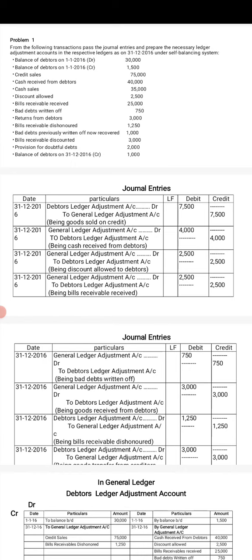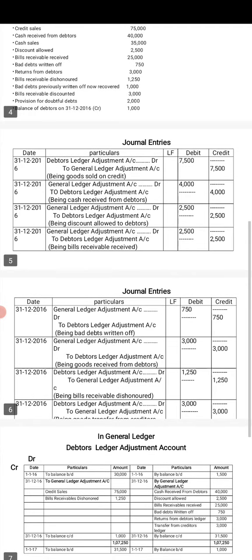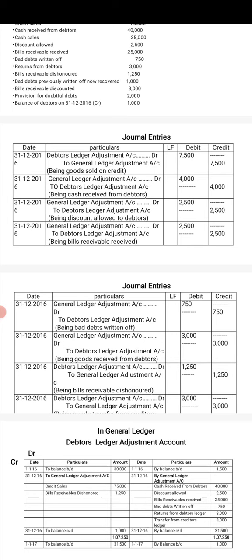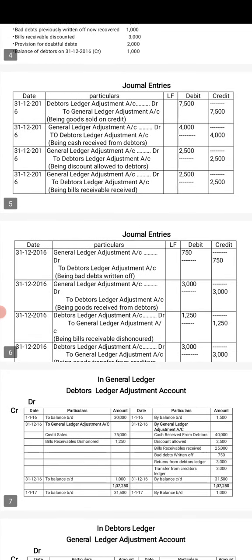Again, bills receivables dishonored, 1,250: debtors ledger adjustment account debit to general ledger adjustment account, 1,250, 1,250. For bills receivables discounted, debtors ledger adjustment account debit to general ledger adjustment account, 3,000, 3,000. These are all the journal entries we have to pass.